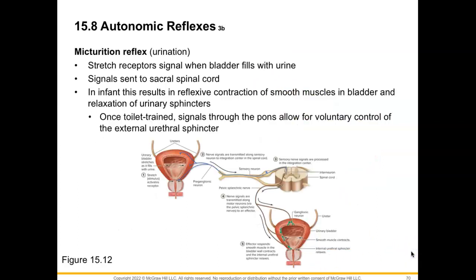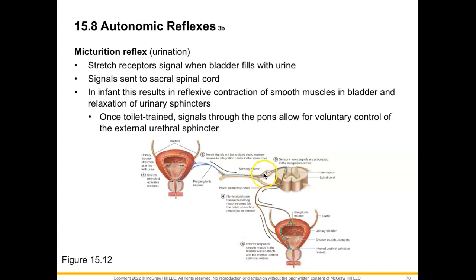Now for our micturition reflex, or the urination reflex. We will have some stretch receptors within the bladder become stimulated when our bladder fills with urine. Those signals are then sent to the sacral spinal cord, and if the person is an infant, this would result in a reflexive contraction of the smooth muscle within the bladder and relaxation of the urethral sphincters to allow the contents to empty out.